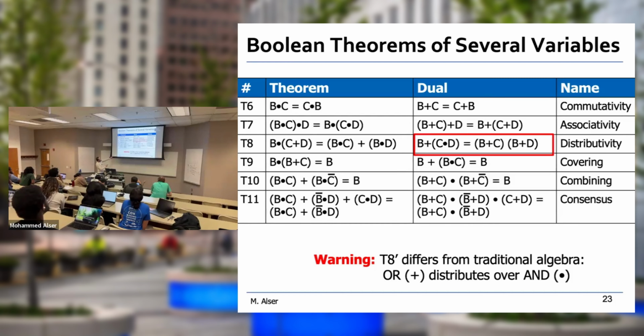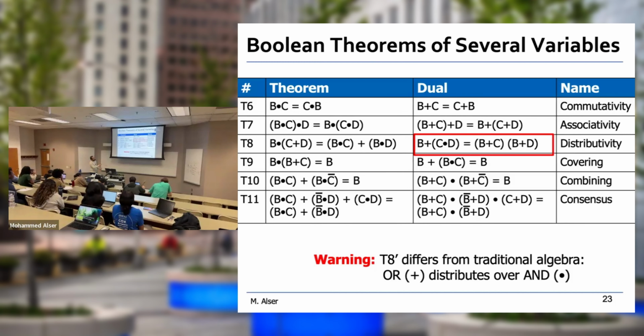Now, B here, if you assume it as 0, then you will cancel this, but you will keep that. And if you assume it 1, you will cancel this, but you keep that. This is telling you that the B value will dictate either C or D. Both of them together make no sense because some of them will be 1, some of them will be 0.